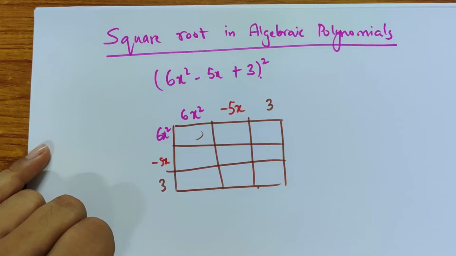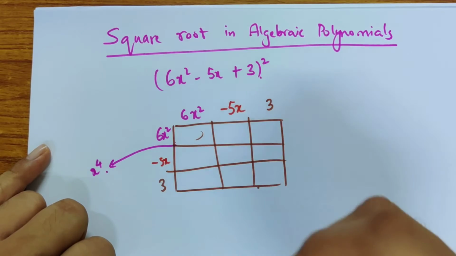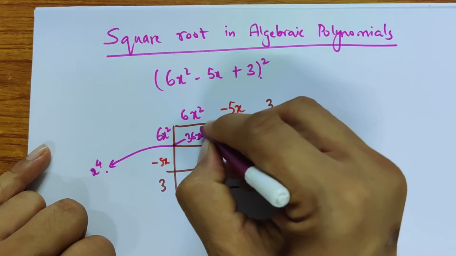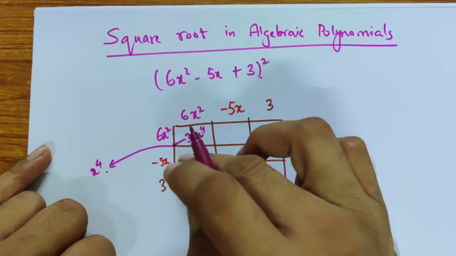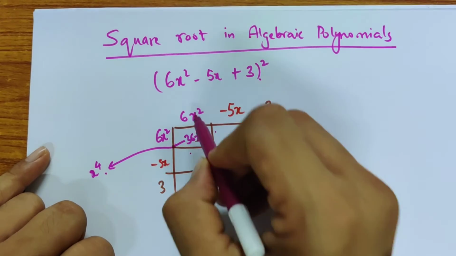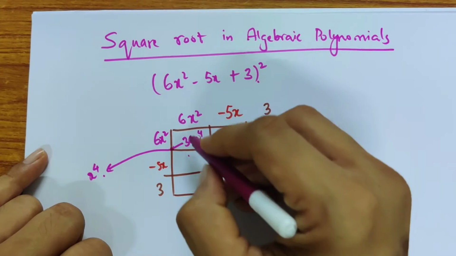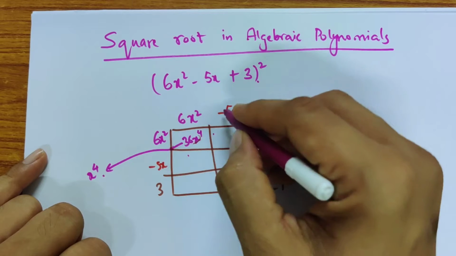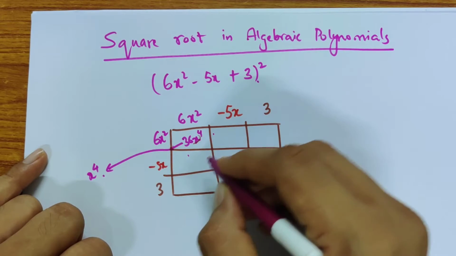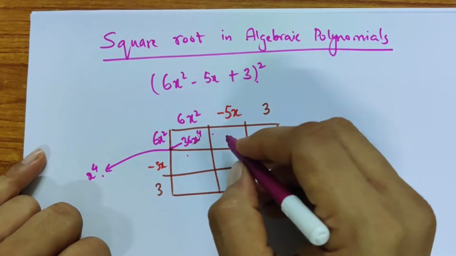So here if you look at it, this box will give you the x power 4s. So that is of course 36x power 4. These two boxes, this one and this one, actually give you x cube because it's x and x squared. So the x cube coefficient is 6x squared times negative 5x, and this one is also 6x squared times negative 5x.